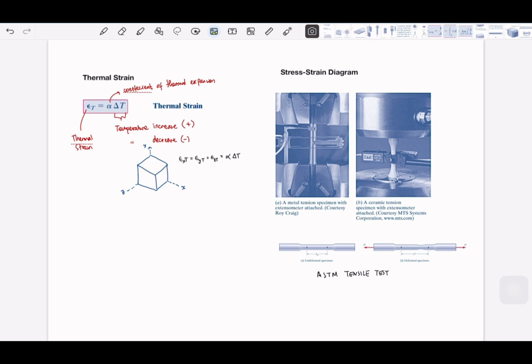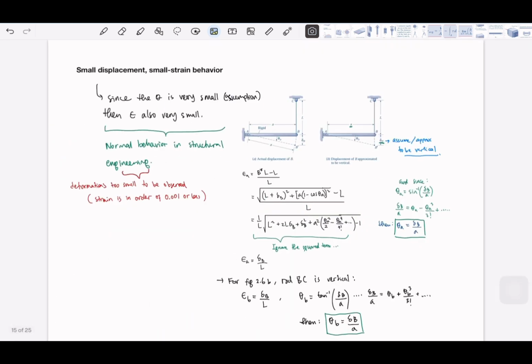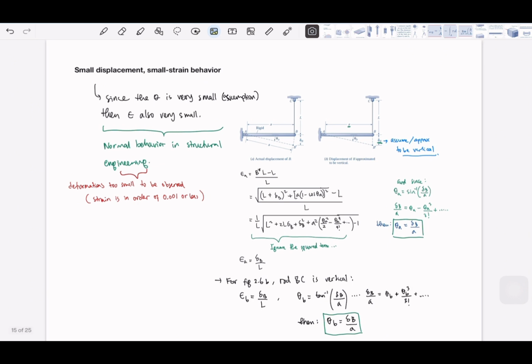Last time, we discussed the strain, the small displacement or small strain behavior, which is a very common phenomenon in structures.